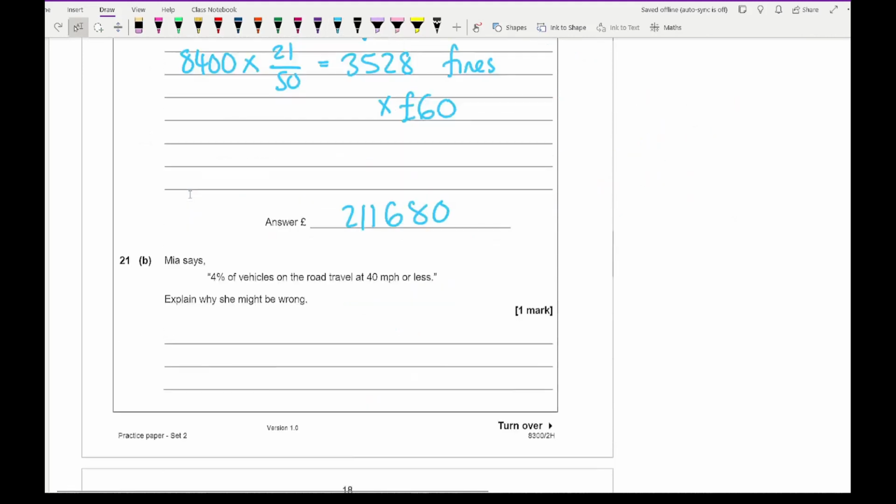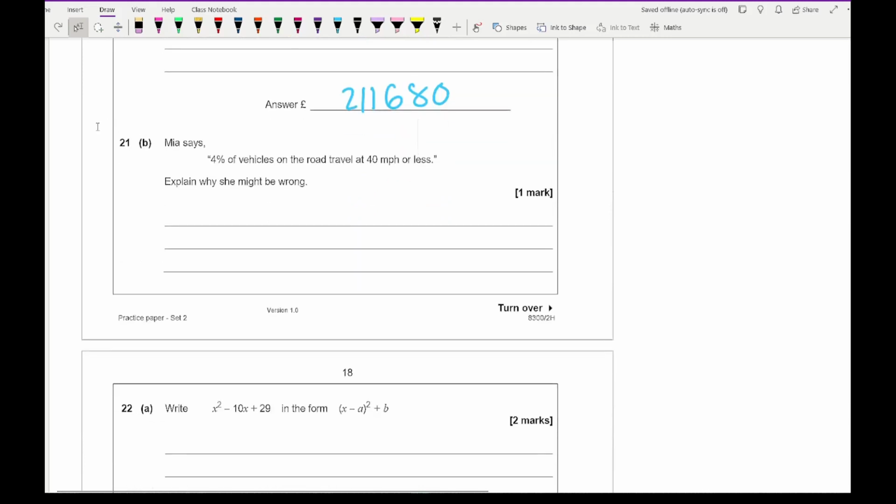211,680. Now it then says that Mia says that 4% of the vehicles on the road travel at 40 miles per hour or less. Explain why she might be wrong. Well, there's a couple of reasons why she might be wrong. Basically we only looked at a sample.